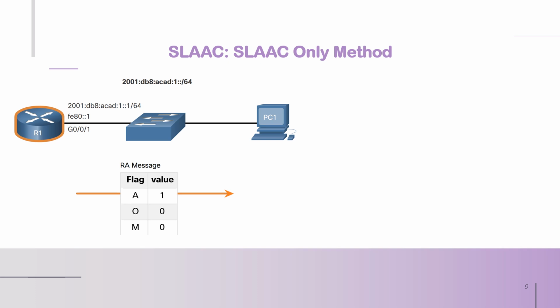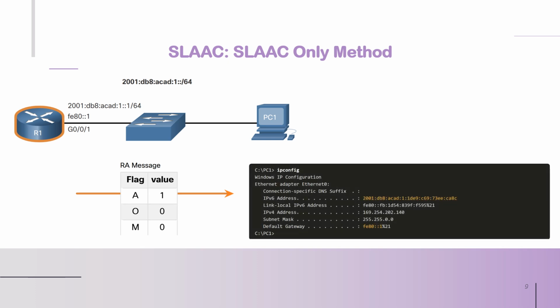The O and M flags set as 0 instruct the client to use the information in the router advertisement message exclusively. The router includes the prefix length, DNS server, MTU, and default gateway information. There is no further information available from a DHCP version 6 server.